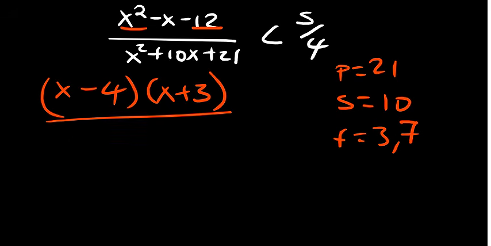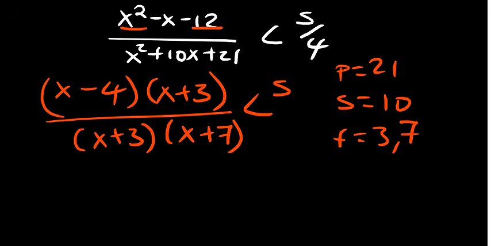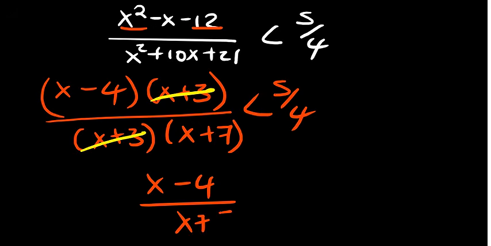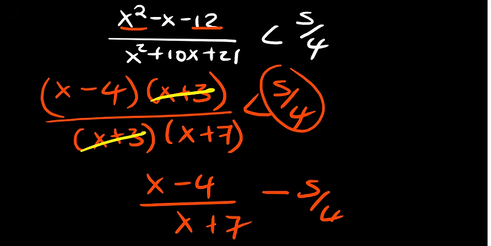So we have x plus 3, x plus 7 should be less than 5 over what? Over 4. So at that point, is there anything that can divide? So that can divide. So what you're remaining with now is x minus 4 over x plus 7. Okay. So we can take this on the other side, so it will be minus 5 over 4 should be less than 0.